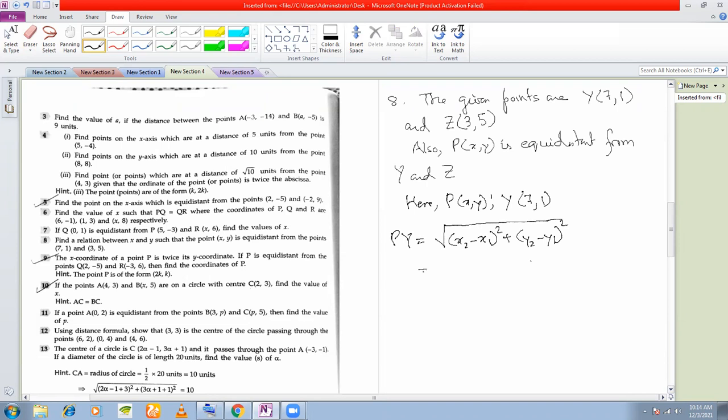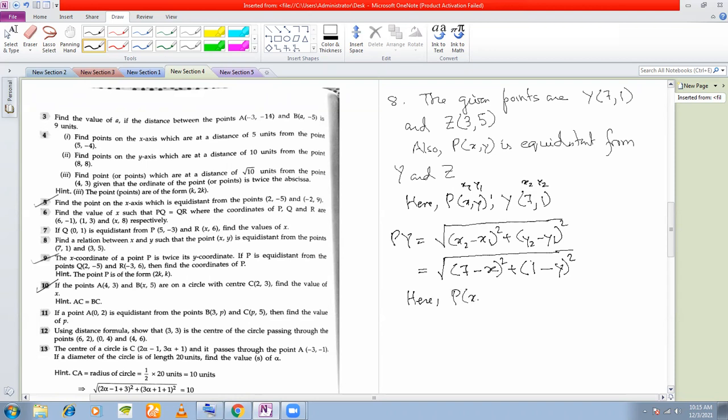Take this as your x1, y1 and this as your x2, y2, which gives the square root of (7 minus x) whole square plus (1 minus y) whole square. This is what you are getting for Py, and we now want to find Pz.